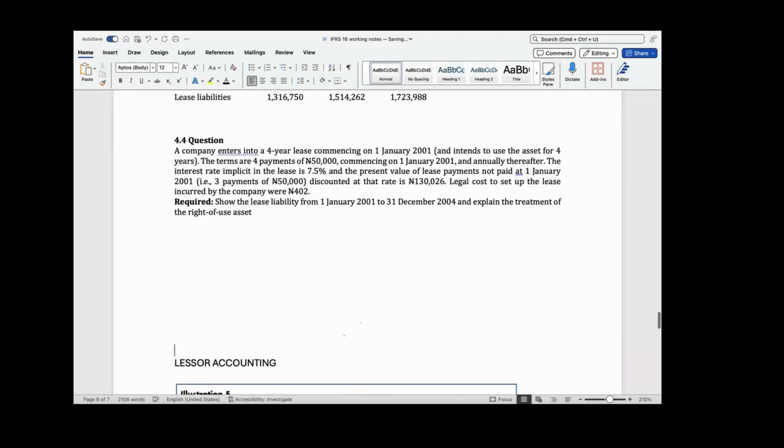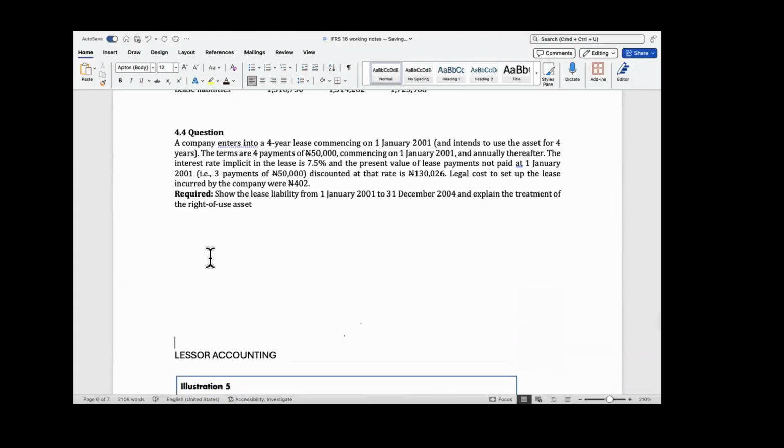A company enters into a 4-year lease commencing on 1st of January 2001 and intends to use the asset for 4 years. The terms are for payments of 50,000 naira commencing on 1st of January 2001 and annually thereafter.